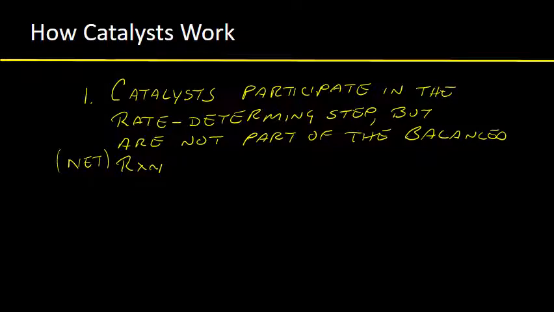So they do play a role in the mechanism by providing a rate determining step with a lower activation energy, but when you add up all of the steps of the reaction mechanism, the catalyst does not factor into the net reaction. Often what happens is the catalyst is consumed in an early step, but then regenerated in a later step, so it ends up canceling out and it doesn't appear in the net reaction.